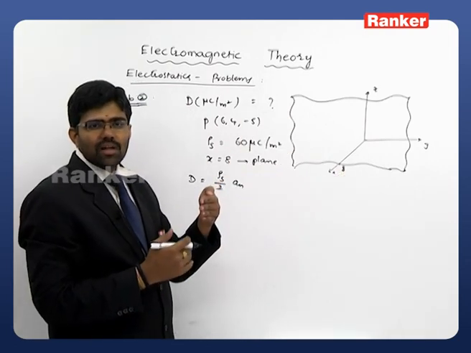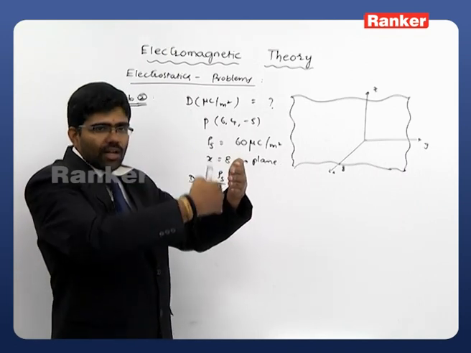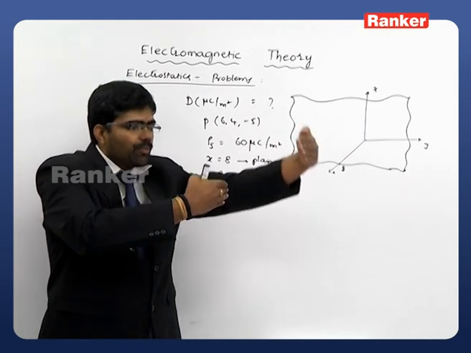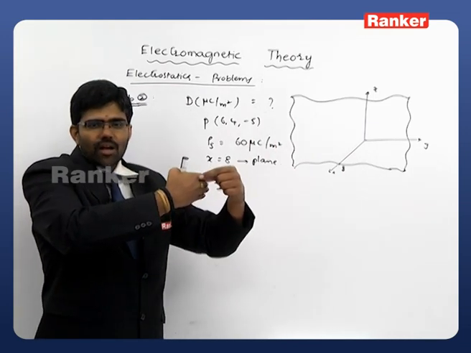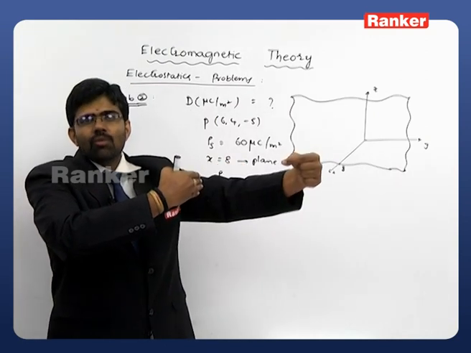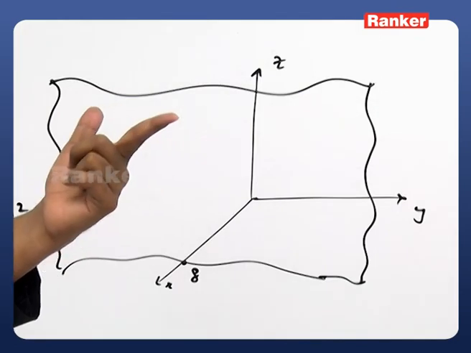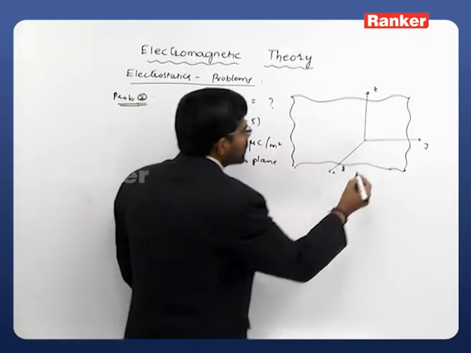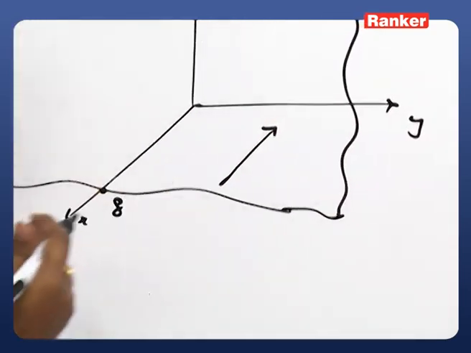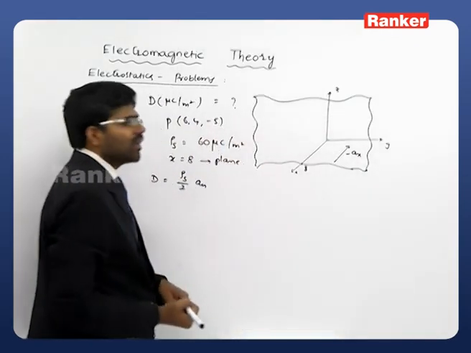So I just need to imagine it initially. This is the sheet I have, on that sheet the charge is there, and the point is behind this sheet. So if I draw a normal from the sheet to that particular point, it will always be in the direction of the negative x-axis.